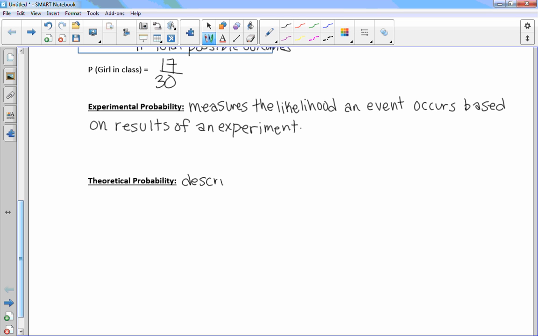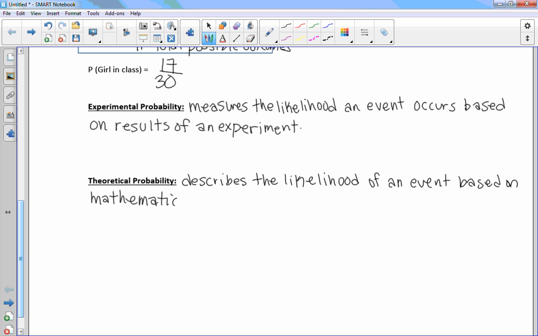Describes the likelihood of an event happening based on mathematical reasoning. So that's all the probabilities you've been telling me about.